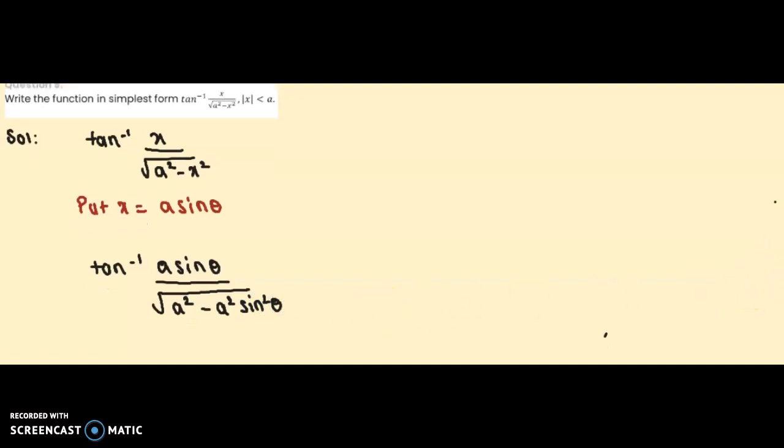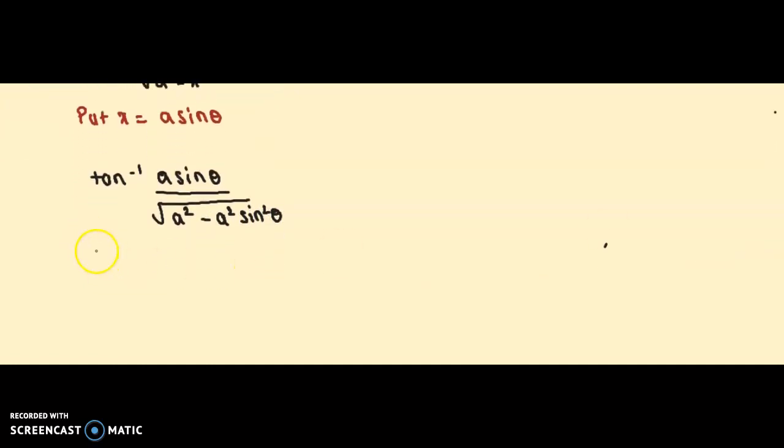Now we can write this as tan inverse of a sine theta as it is. From the denominator, I can take a square common first. If I take a square common, what is left is 1 minus sine square theta.